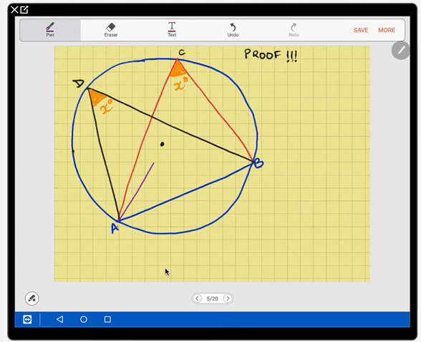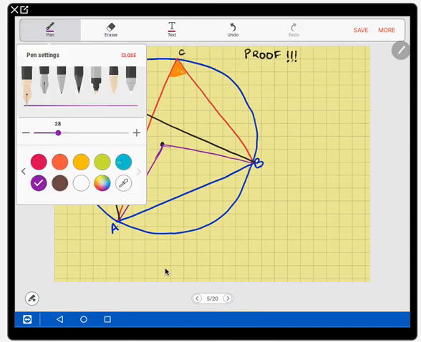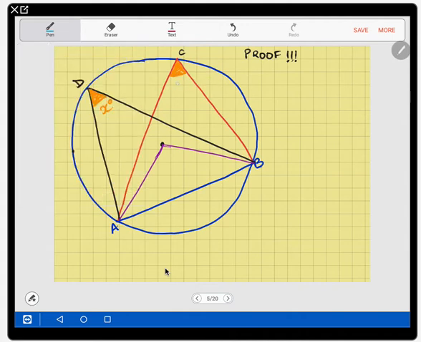If I join these 2 points to the center here, okay, and let me call this y different.